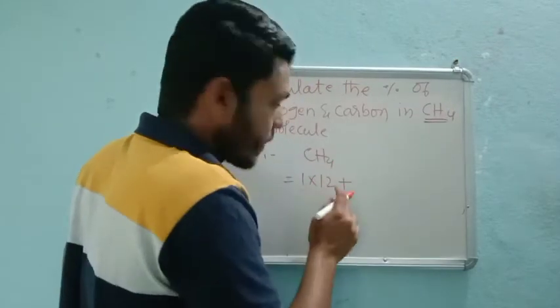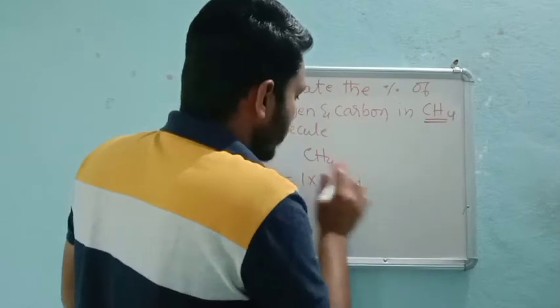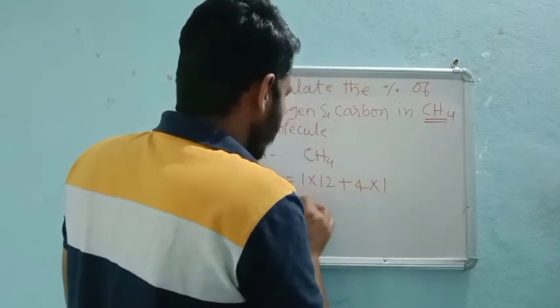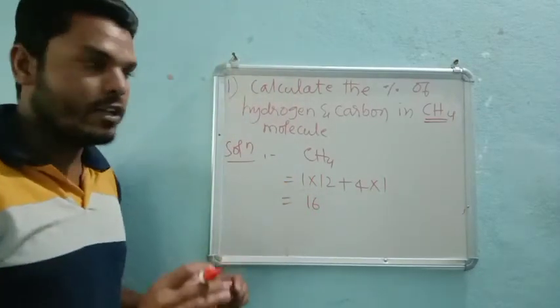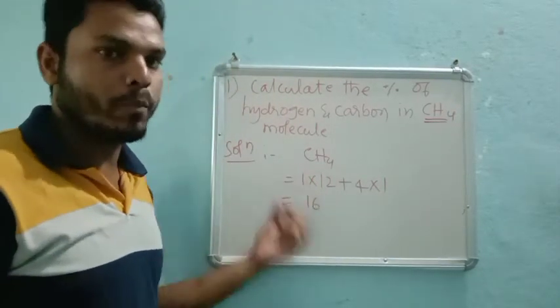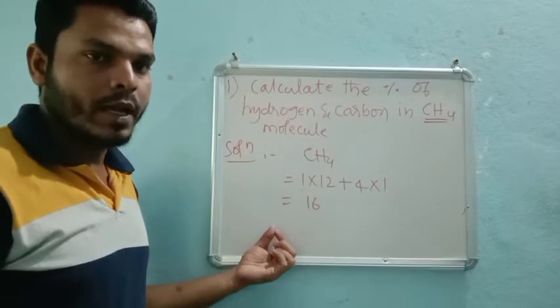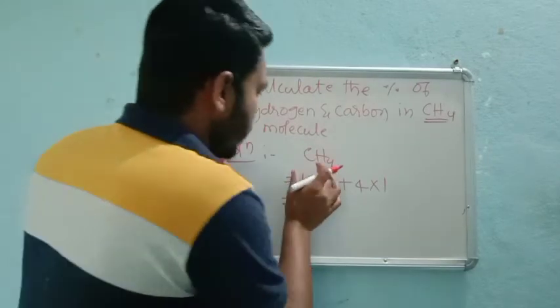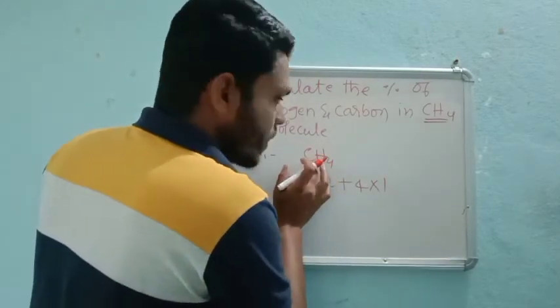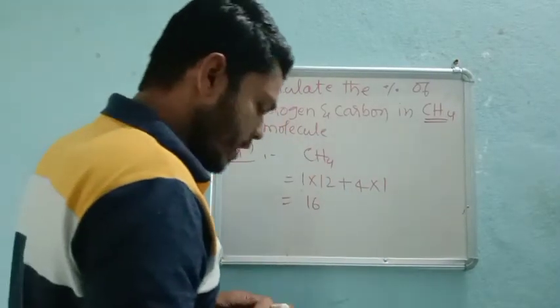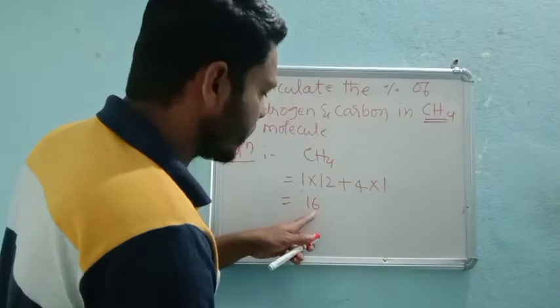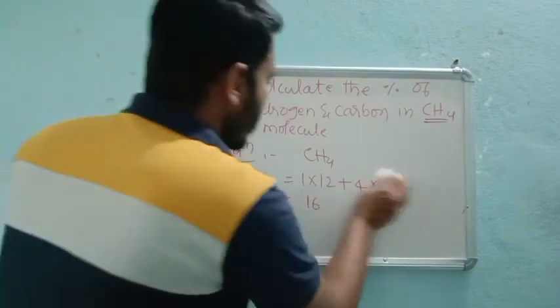How many H? 4 H, and the atomic mass of H is 1. So that means 12 plus 4, 16. 16 is the total mass of the given compound, right? And now first we need to calculate the carbon, or else you can go for the hydrogen first as per our problem. So 16 is our total mass of the compound.